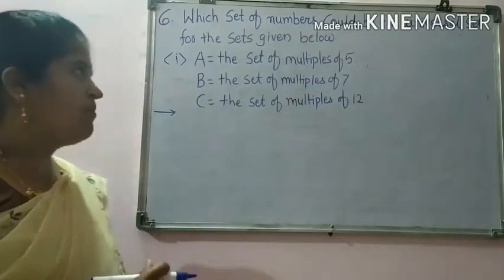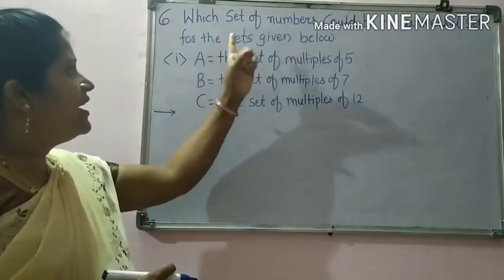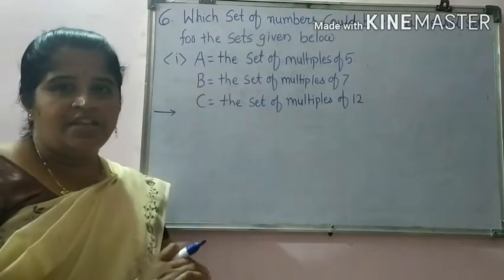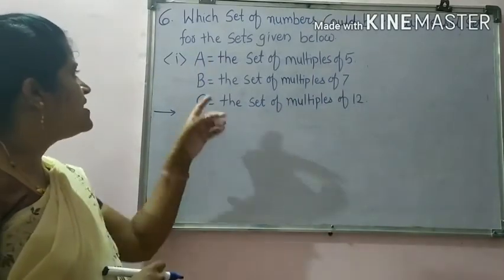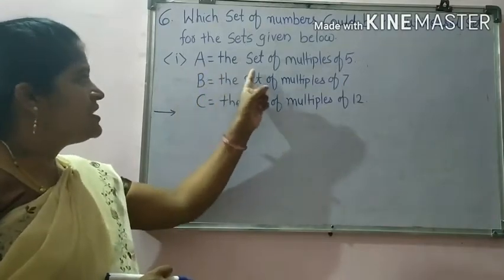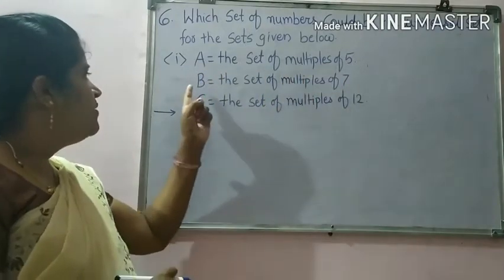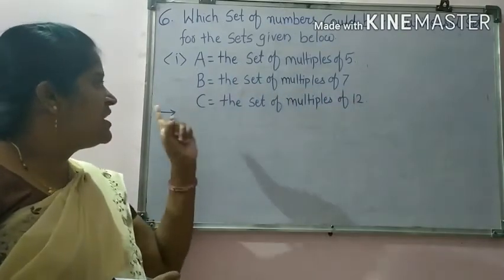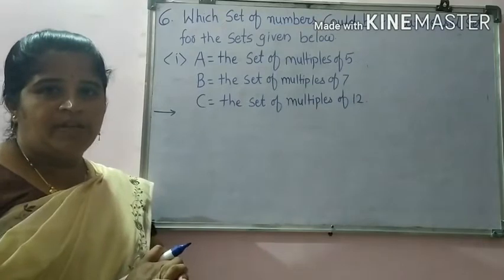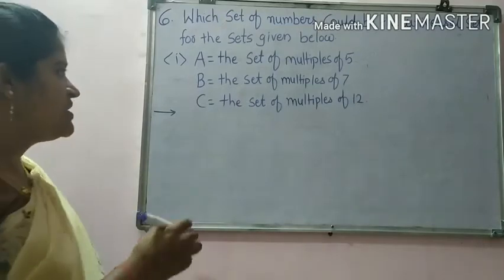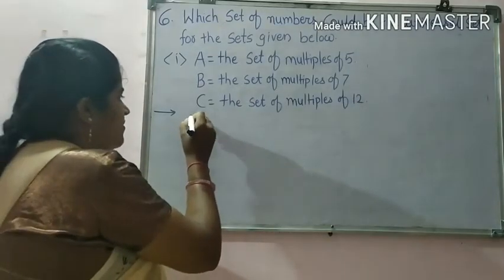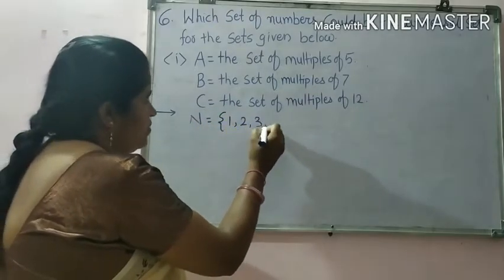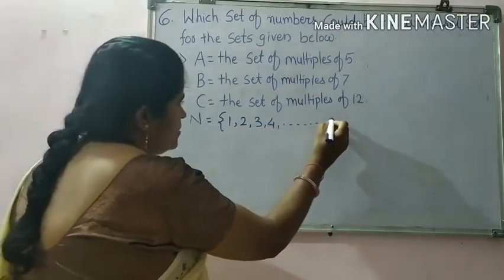Sixth example from practice set is which set of numbers could be the universal set for the sets given below. The given sets are A is equal to the set of multiples of 5, B is equal to the set of multiples of 7 and C is equal to the set of multiples of 12. Now we know that set of natural numbers N is equal to {1, 2, 3, 4, 5, 6 and so on}.